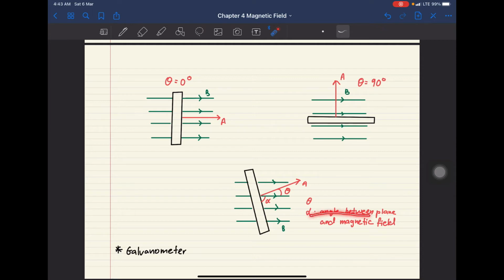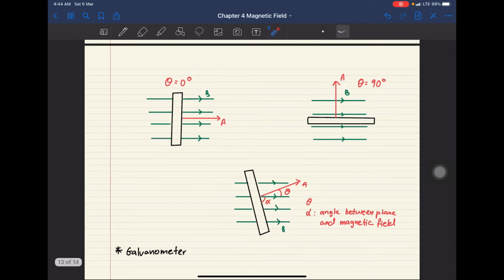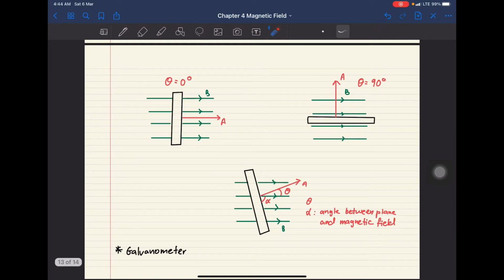The angle between the plane and the magnetic field is actually this one, which is a bit tricky. If they give you this kind of question, usually they will give the value of alpha, they rarely give the value of theta. So you have to calculate theta by 90 minus alpha. Please be careful with this one, especially the A vector.